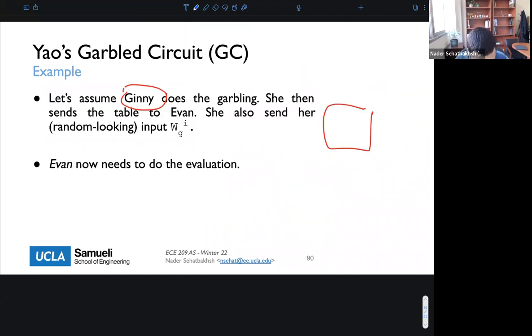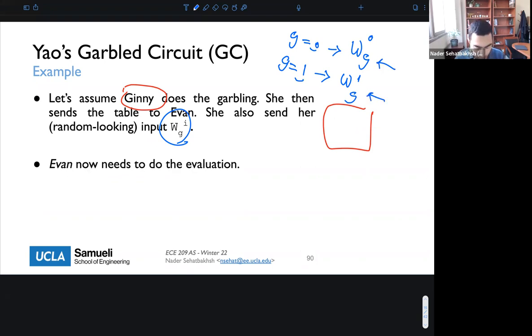Another thing that she's going to send is her input, all right? If Jeannie's input is equal to 0, she's going to send W0G. If her input is equal to 1, she's going to send W1G. And remember, she's not sending 0 or 1, she's sending these random looking labels, right?